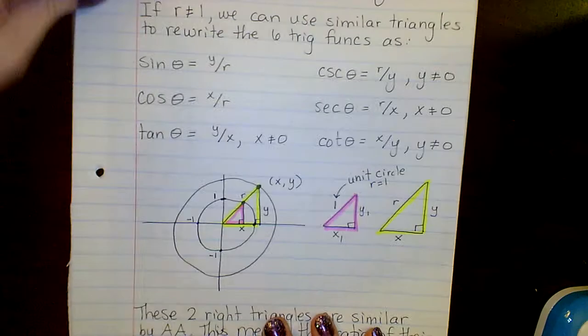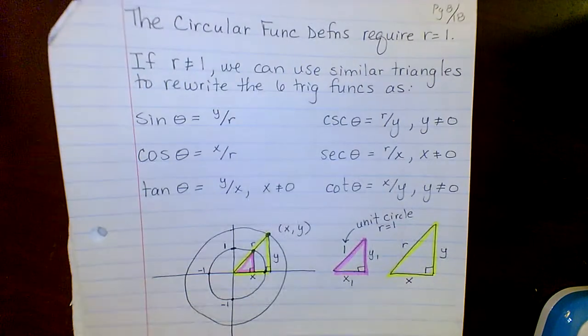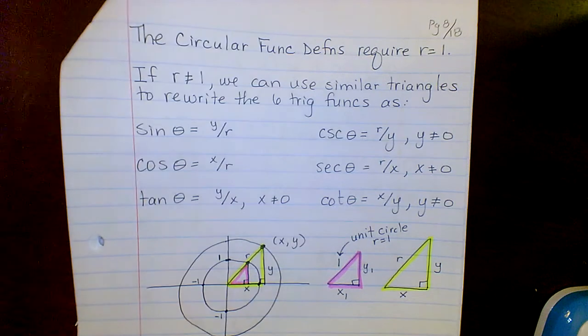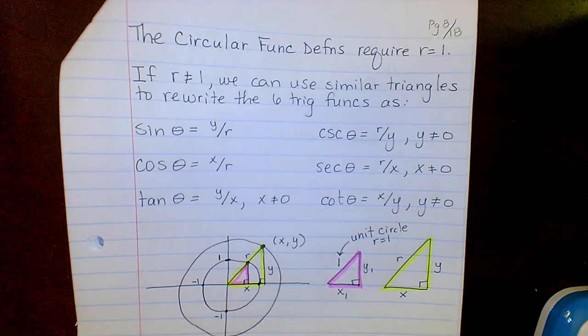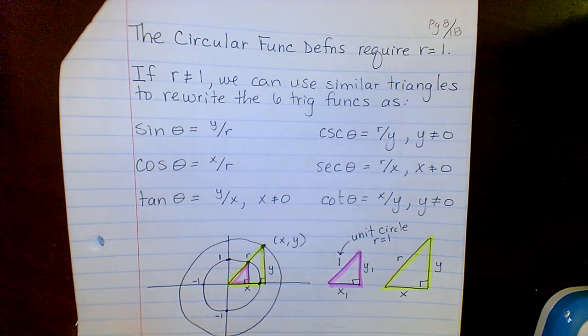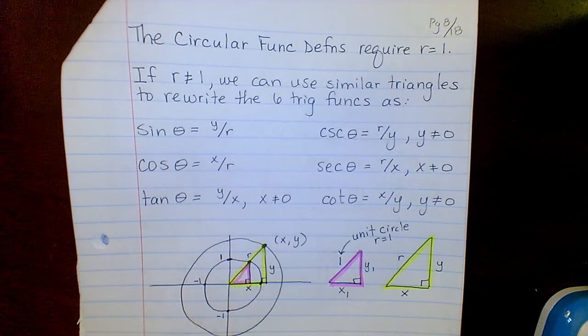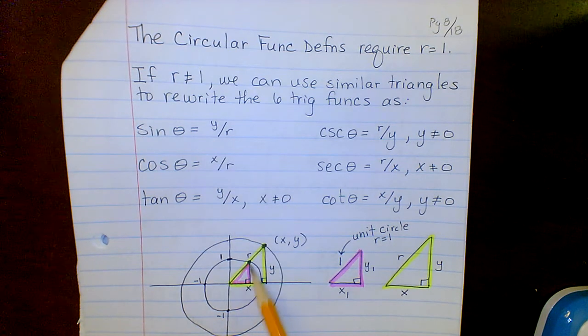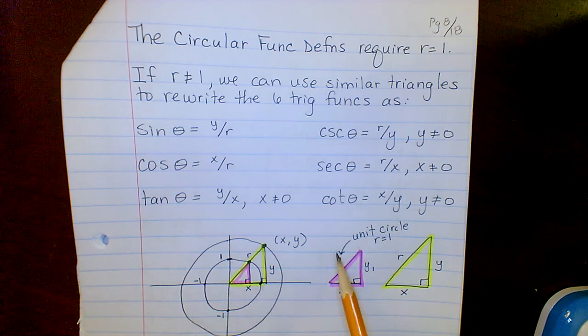Okay, so the circular function definitions require that we use the unit circle, which is r equals 1. If r is not equal to 1, we can use similar triangles to rewrite the 6 trig functions. So here's what we're going to do. The sine of theta was just y. But if we look down here, we've got the unit circle, and let's say the point we're looking at is not on the unit circle, it's on some other circle.